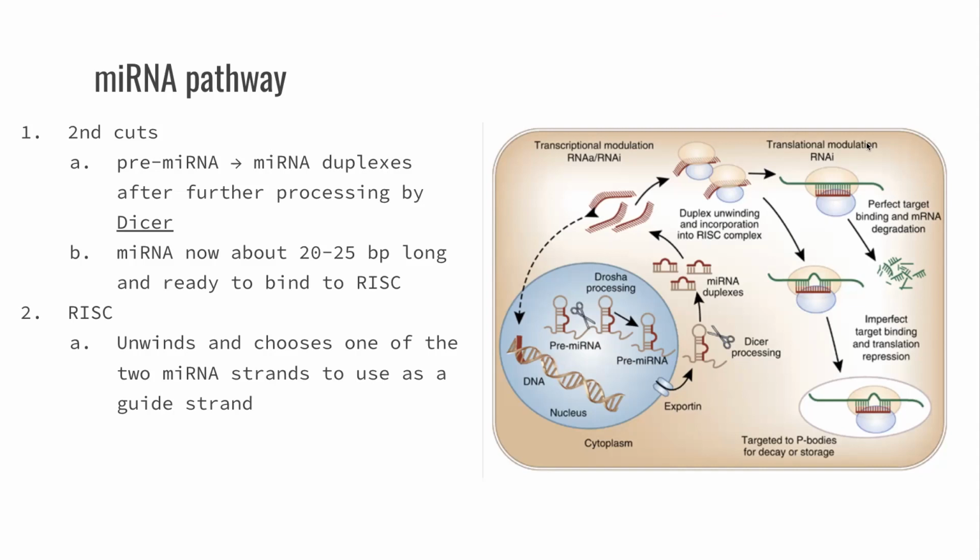And then one of the strands will be degraded, see on the left there, and then the other strand, which is bound to RISC, will be used as a guide strand to recognize mRNA and cause it to be degraded, or whatever the downstream effects are meant to be.